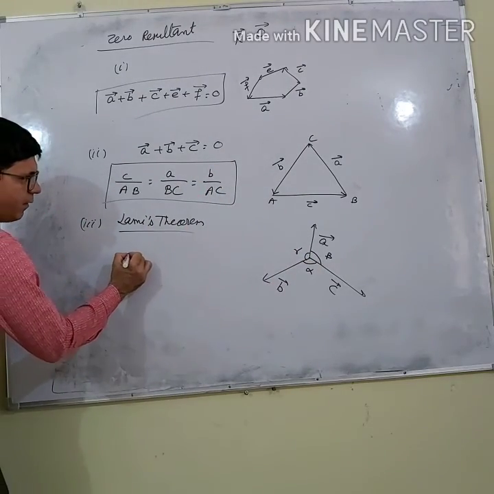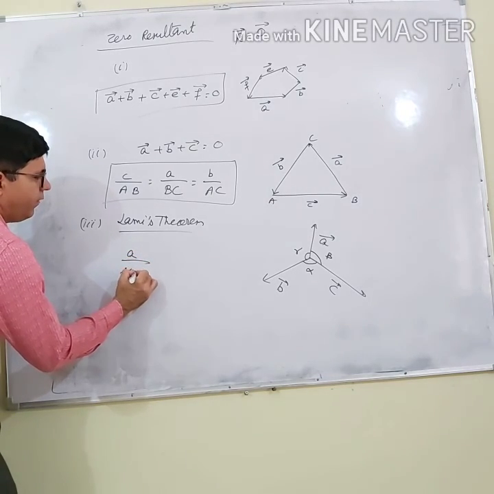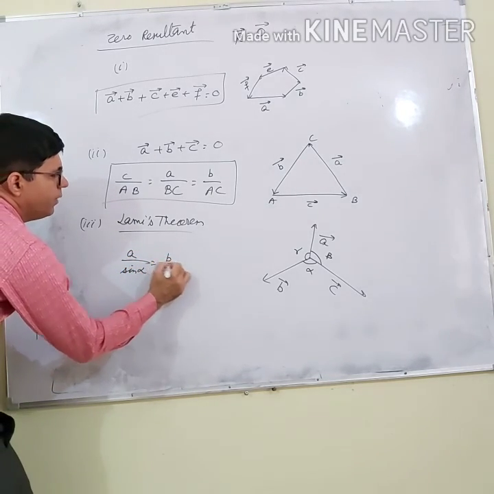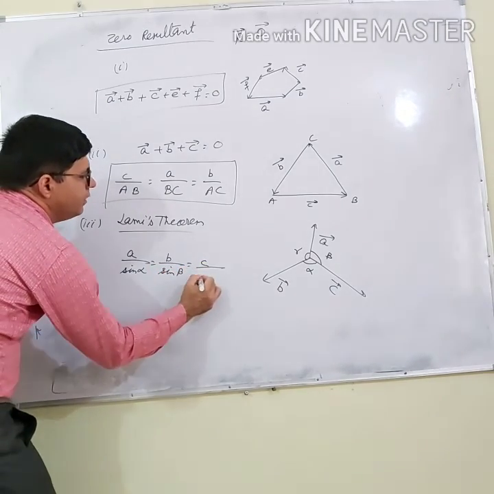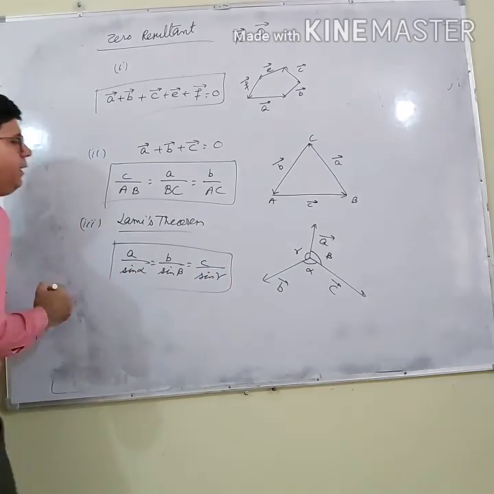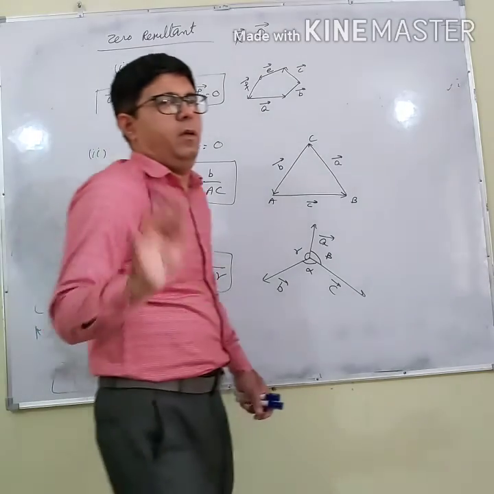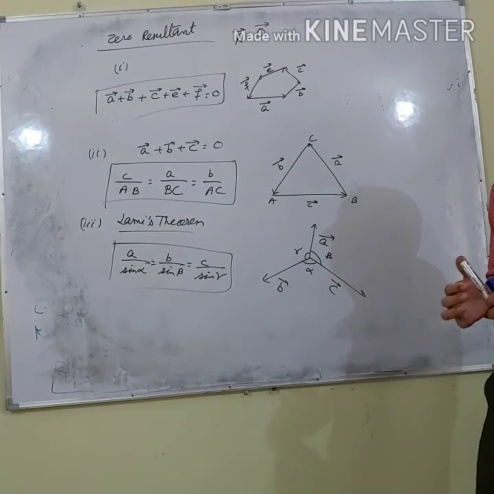I can write that A upon sine alpha equals B upon sine beta equals C upon sine gamma. Right? So this is the case of zero resultant.